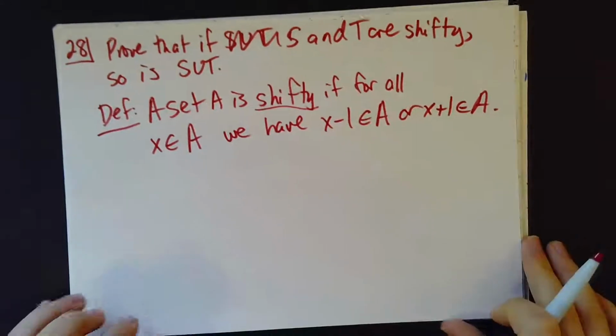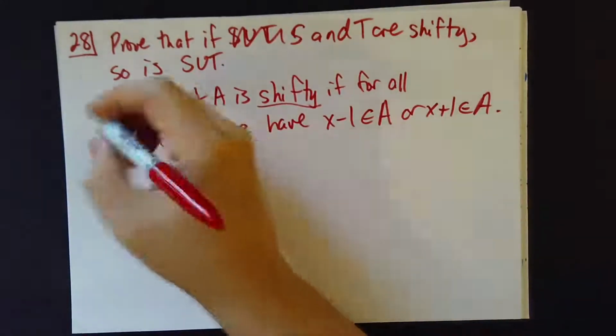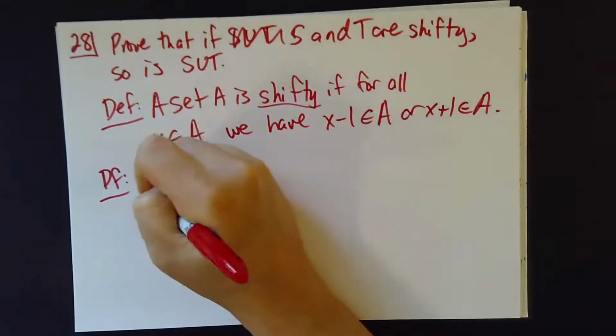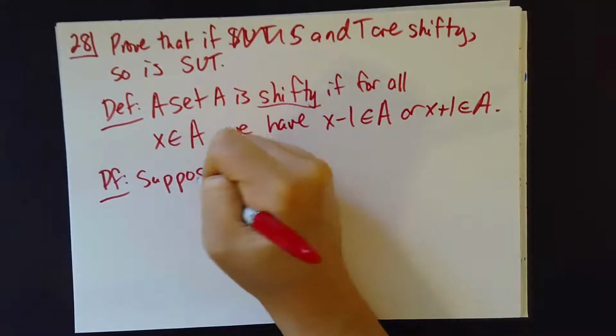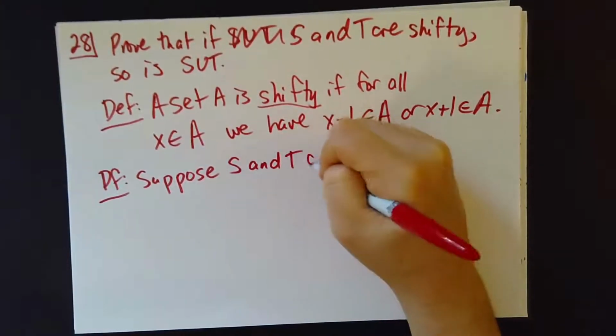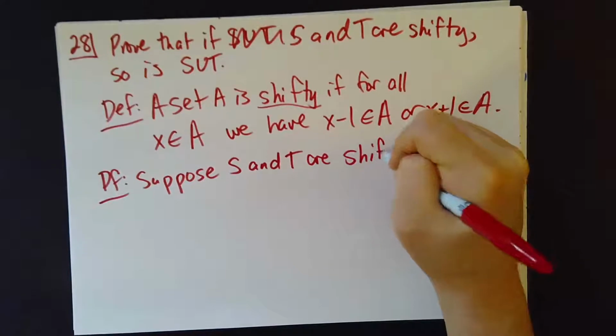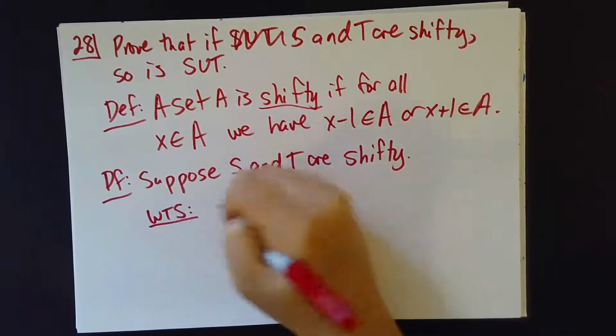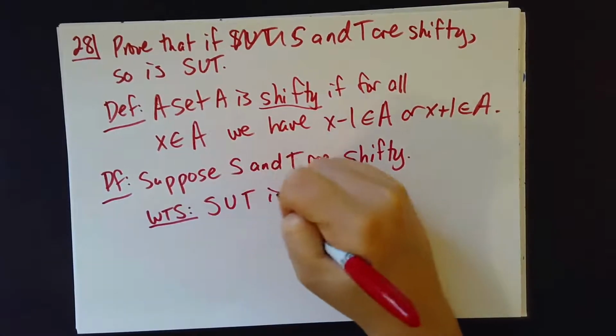Okay, so let's suppose that S and T are shifty. We want to show S union T is shifty.